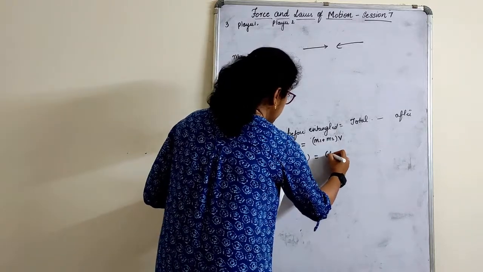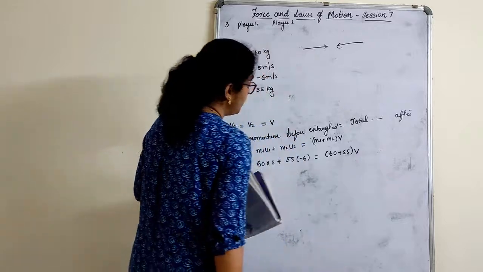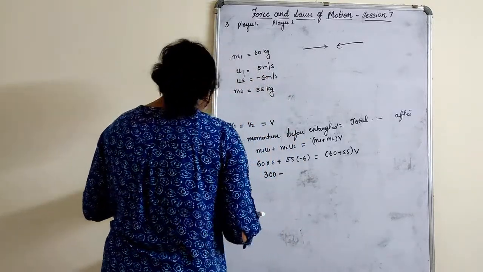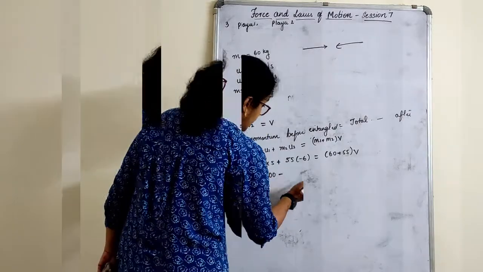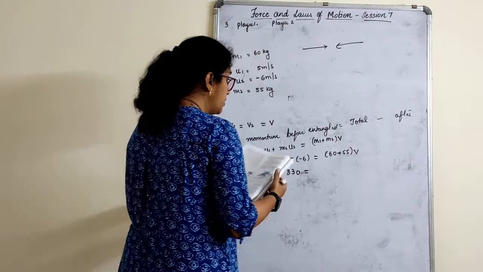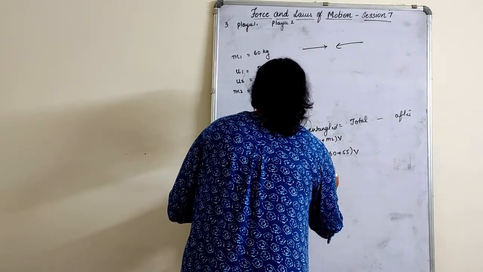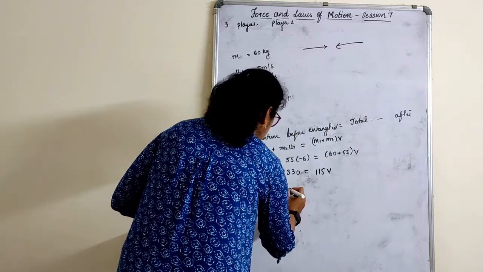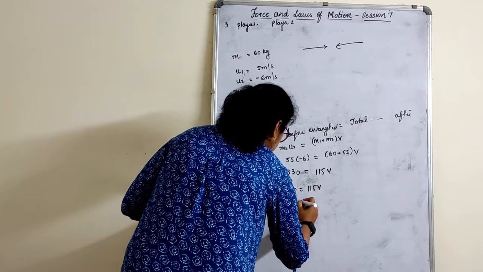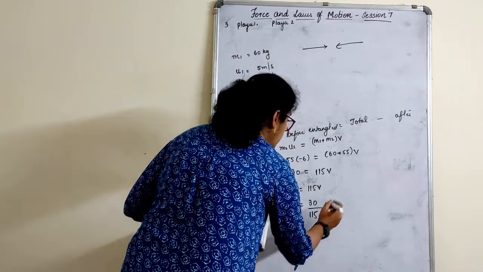So what is the mass? 60 plus 55 of V. So 6 5s are 30, minus 55 6s are 330. That is equal to 115 V. Minus 30 is equal to 115 V, V is equal to 30 upon 115.